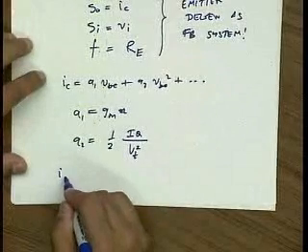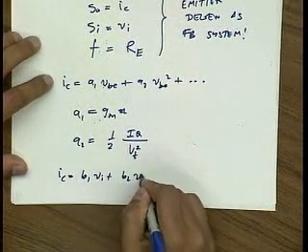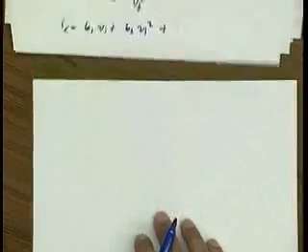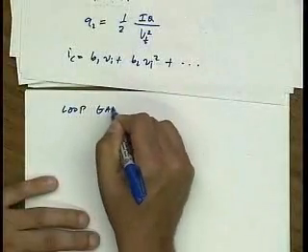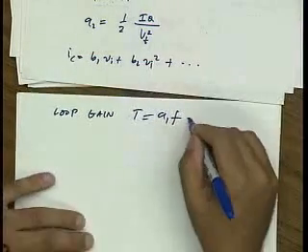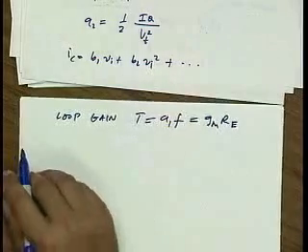Now we know with feedback, IC is B1 V input plus B2 V input squared. And the loop gain T, which is A1F, where A1 is GM and F is RE, so it's GM-RE.